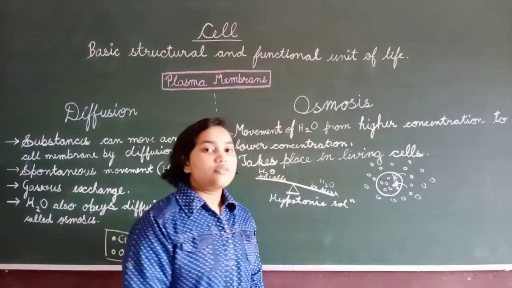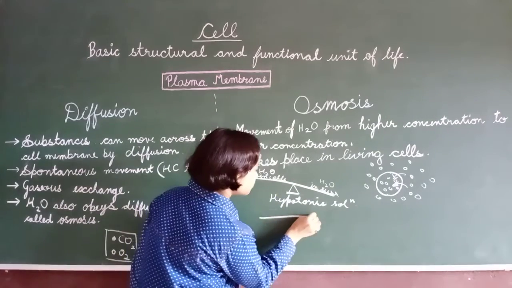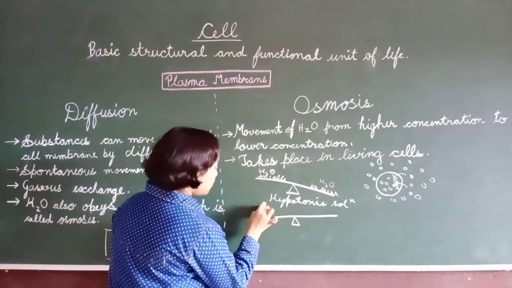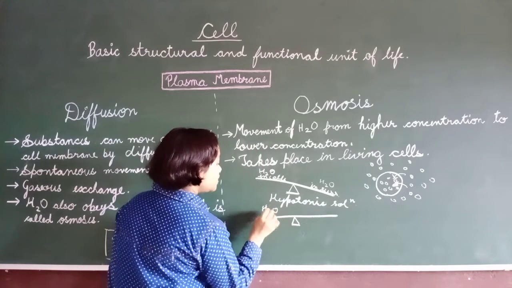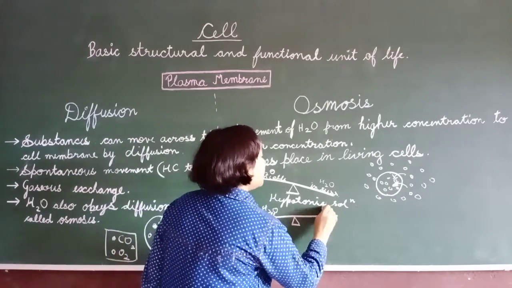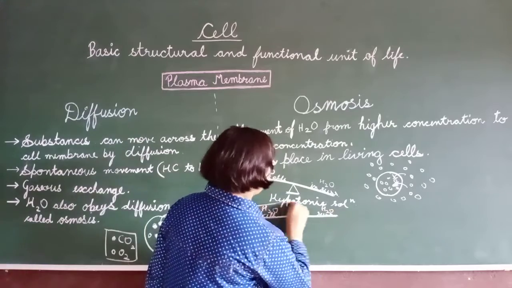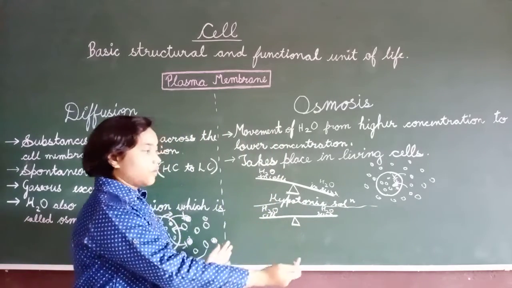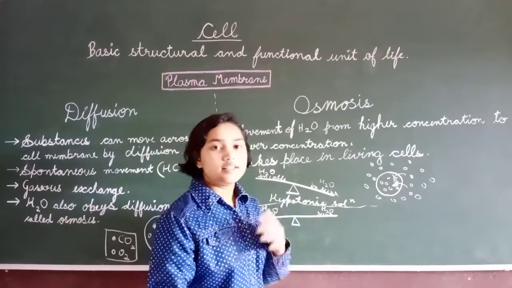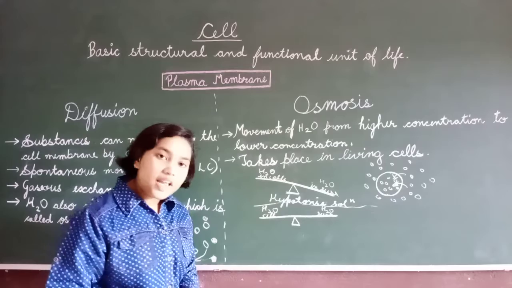Now the second type of solution, which is the isotonic solution. When H2O in the cell and H2O in the surroundings are equal, then osmosis also takes place.